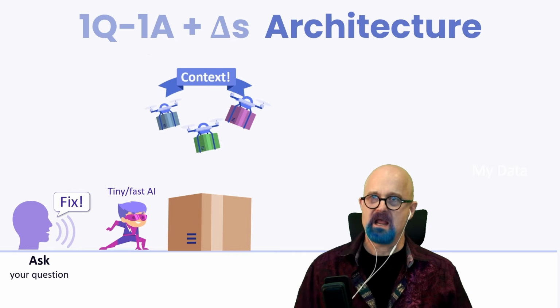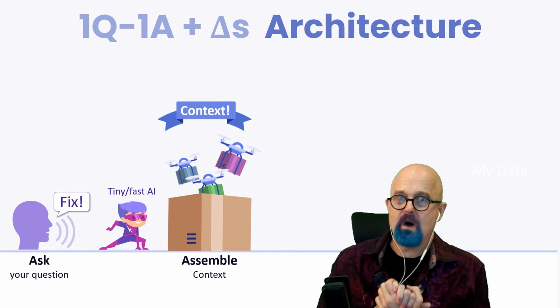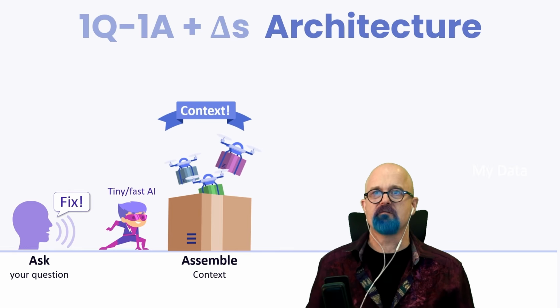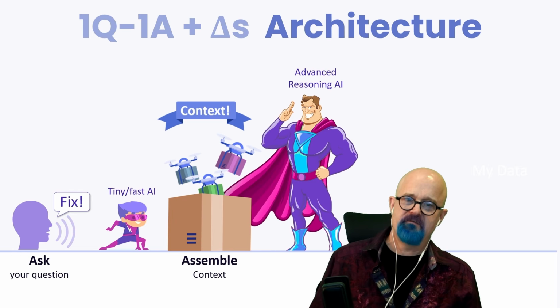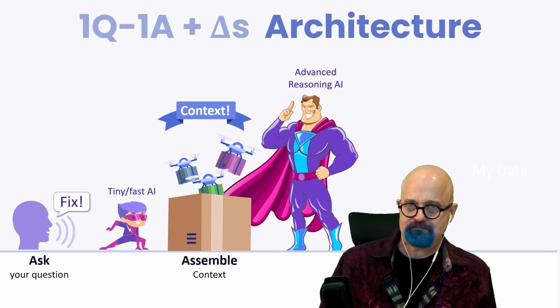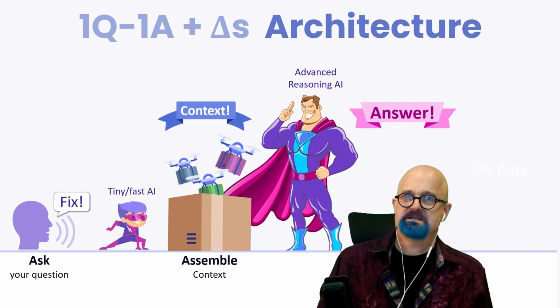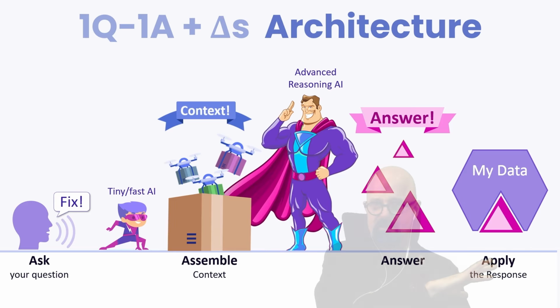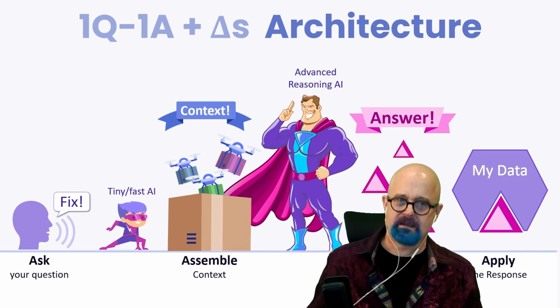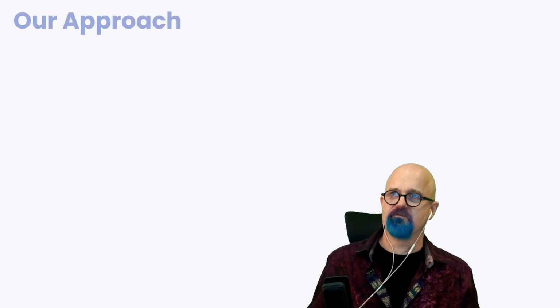And that fast AI is responsible for determining what context is going to be delivered into a much larger advanced reasoning AI. And that advanced reasoning AI comes back with an answer, ideally in the form of deltas, and the deltas are integrated back into the data. That's essentially what it looks like in cartoon form.